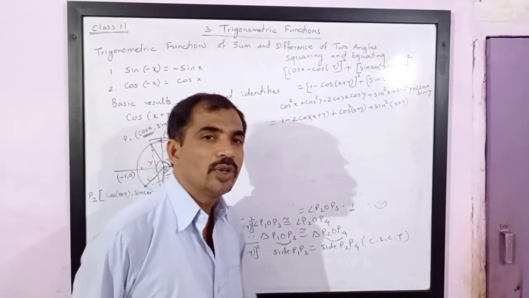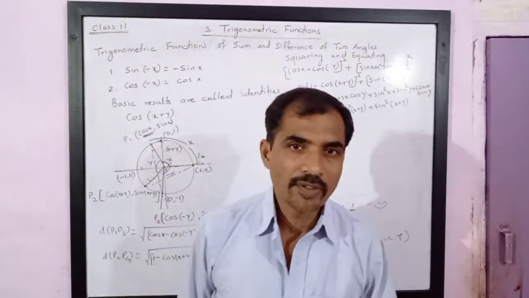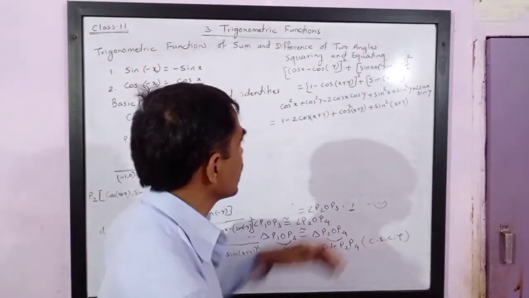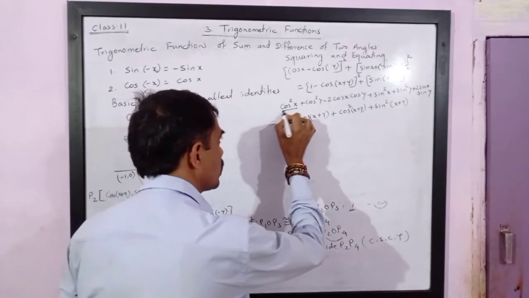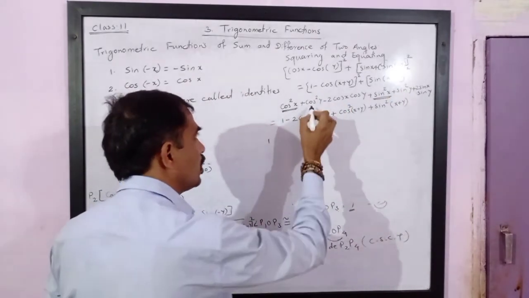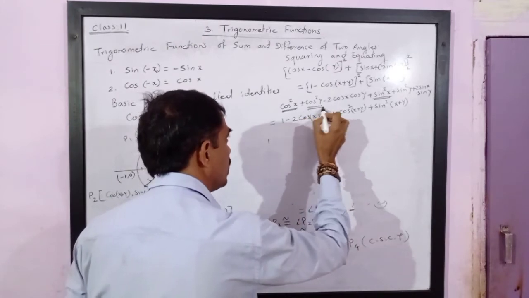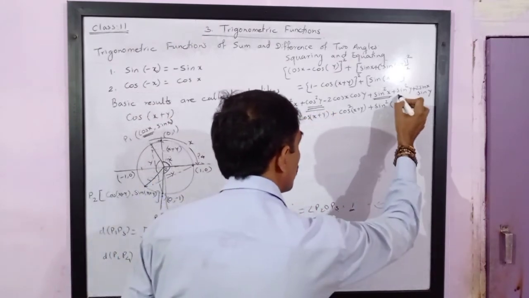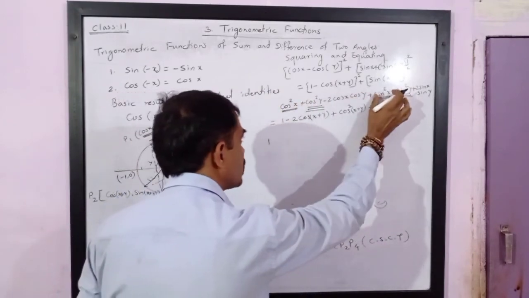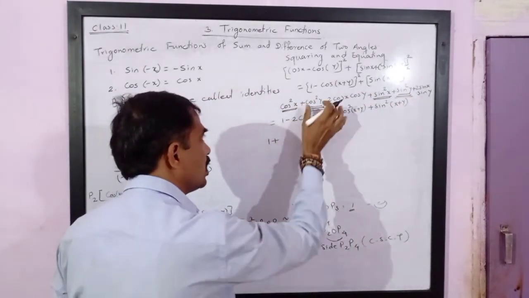Dear friends, now we know that sin square theta plus cos square theta is equal to 1. So cos square x plus sin square x is equal to 1. Then cos square y plus sin square y is also equal to 1.